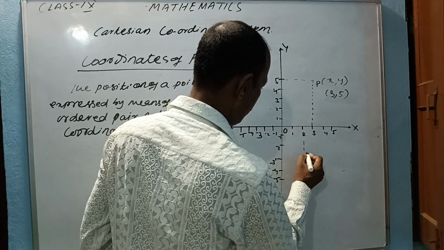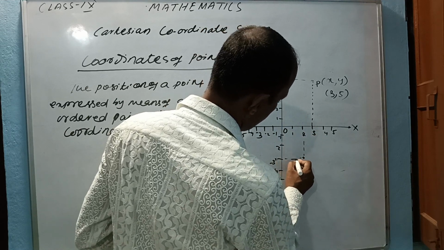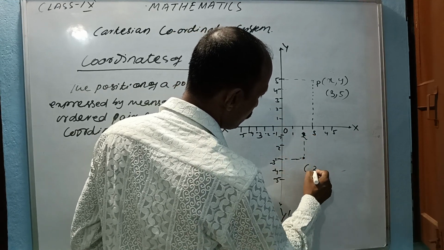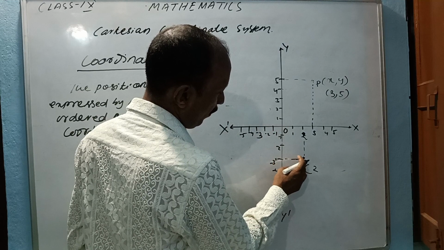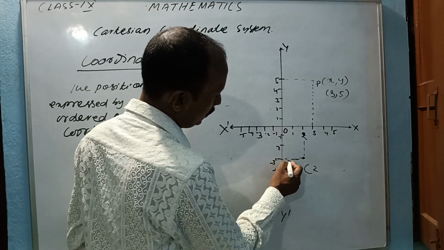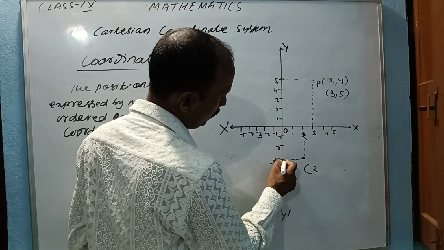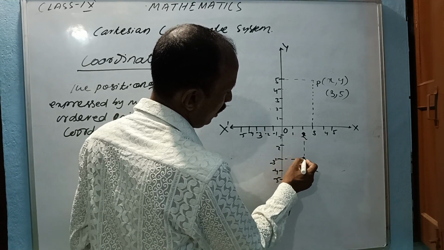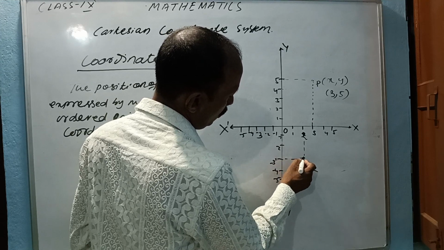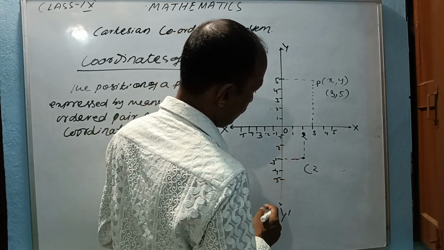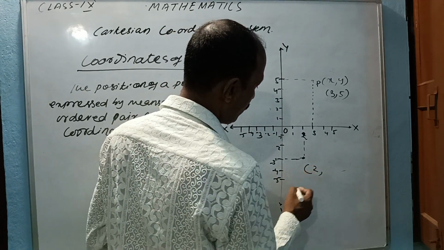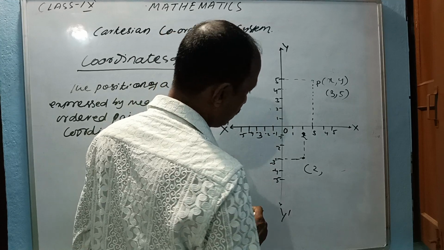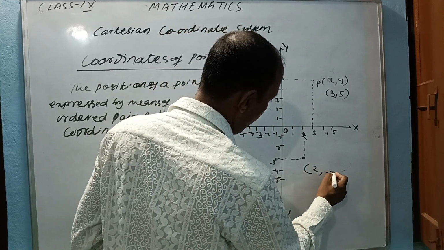I have drawn the perpendicular distance from here to here. So its x coordinate is 2. X coordinate means the perpendicular distance of the point from y axis. Similarly, if I want to write the y coordinate, here the y coordinate is -3.